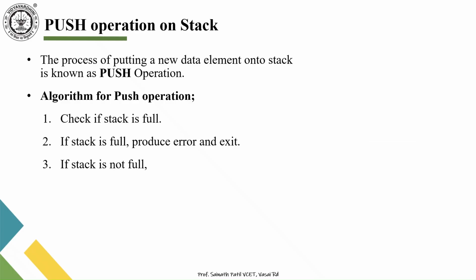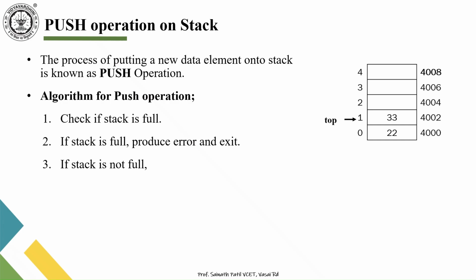If stack is not full, that means the situation may be like this. Top is pointing to, for example, here 1, and there are some spaces available on the stack. So we can put a new element onto the stack. So the next step is to increment top to point to the next empty space. That means top is pointing to 1 where data is already stored.